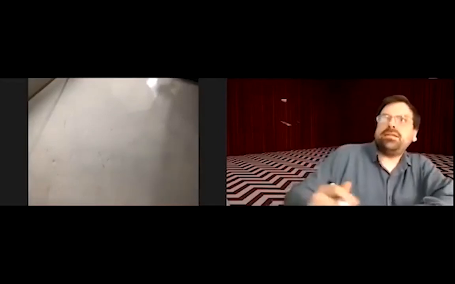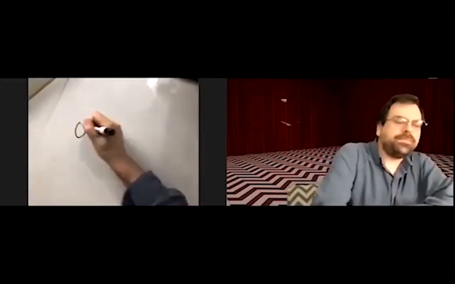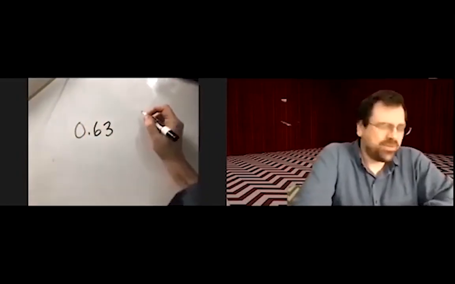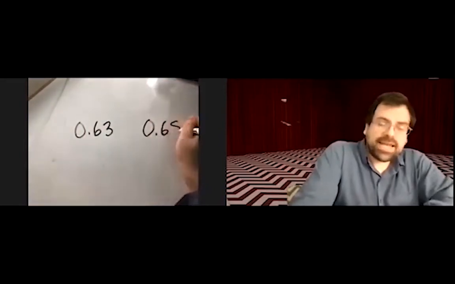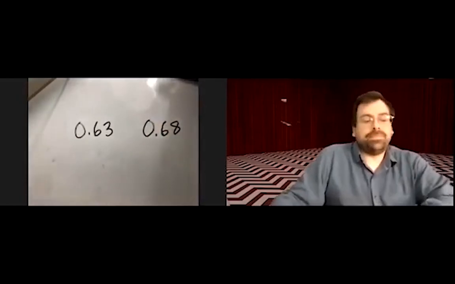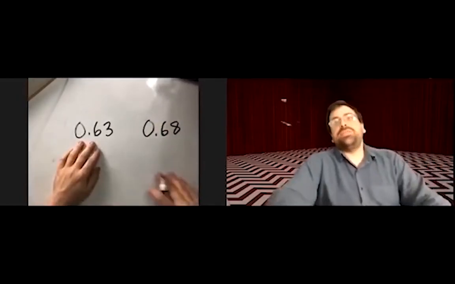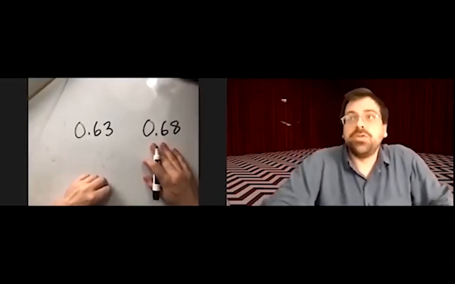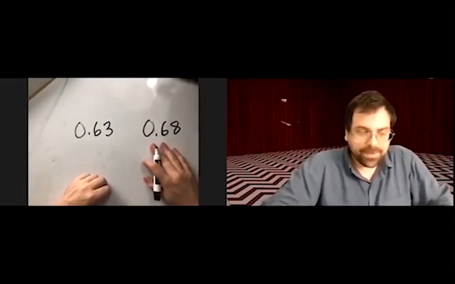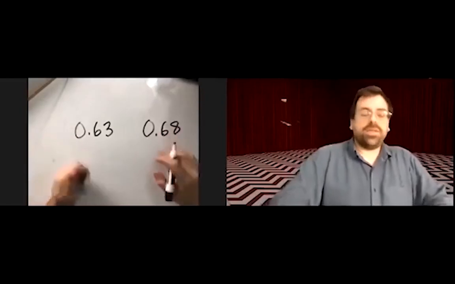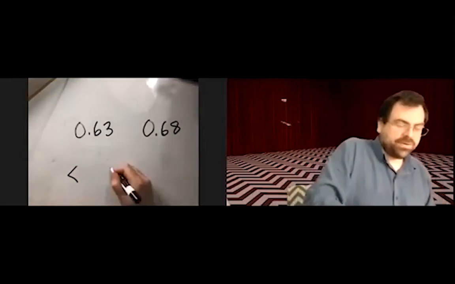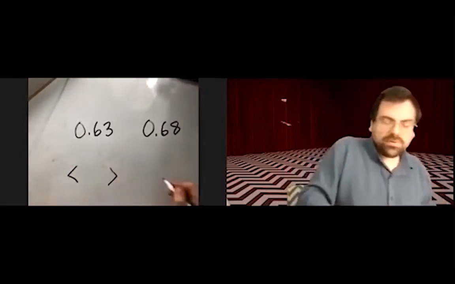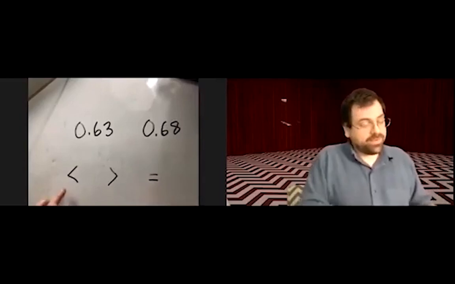If we had 0.63 and 0.68. So if we had 63 hundredths and 68 hundredths, we would like to know whether these are able to be compared with this symbol, with this symbol, or with this symbol.